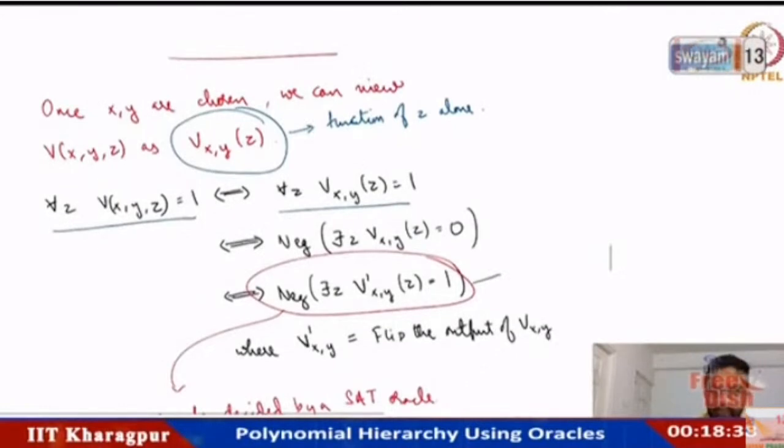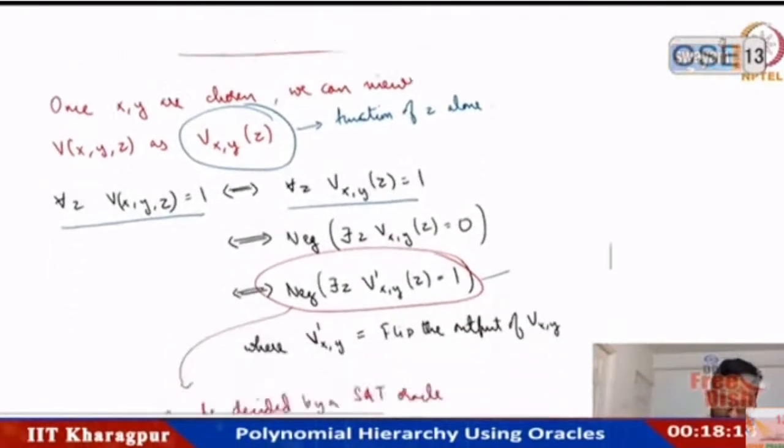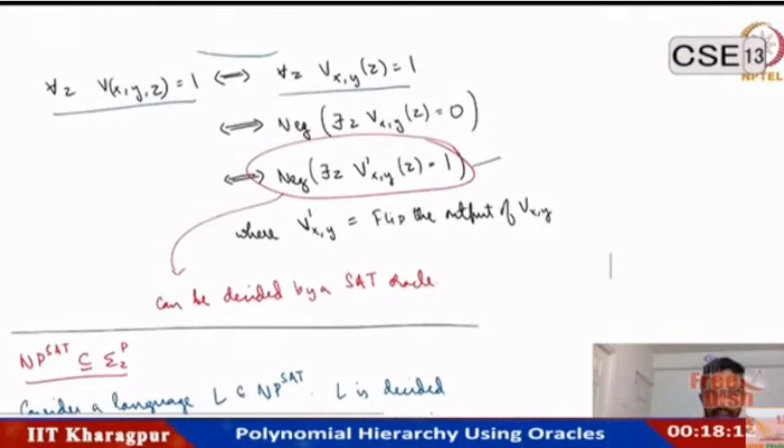Instead of doing that, we realize that we can view it as a satisfiability query: does there exist a z such that something happens? And that can easily be done because we have access to a SAT oracle. So we just make the query to the SAT oracle and then decide accordingly. So that's why sigma 2 is contained in NP with access to a SAT oracle.